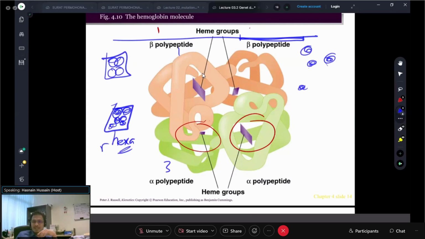Tetramer means four subunits of the polypeptide. In some other instances, the tetramer will be two polypeptides mixed with two different polypeptides to form a functional protein, enzyme, or structural protein like this one. This is also a tetramer, but it consists of a different mixing of polypeptides to form a functional protein.